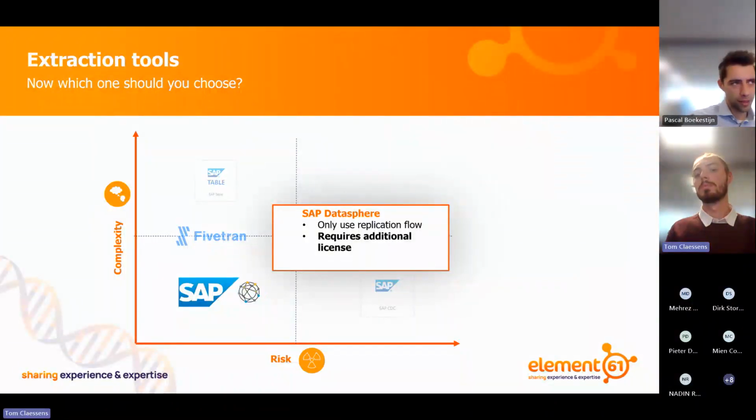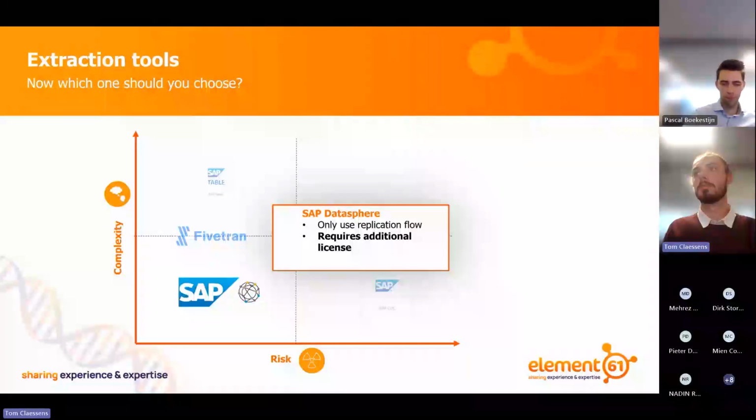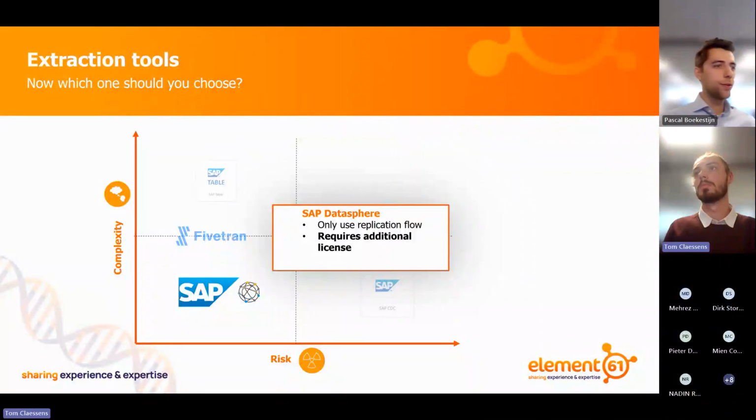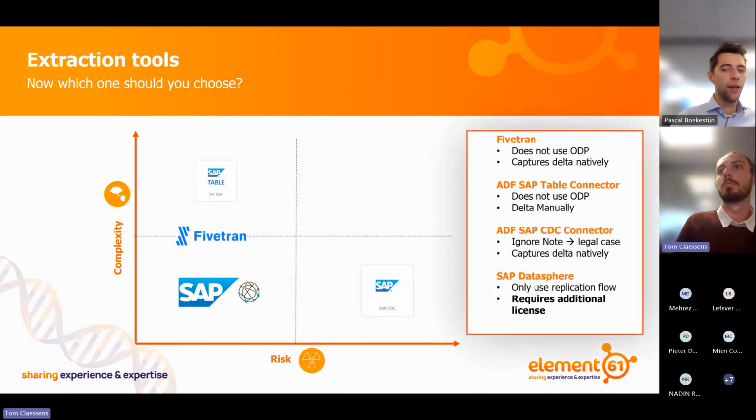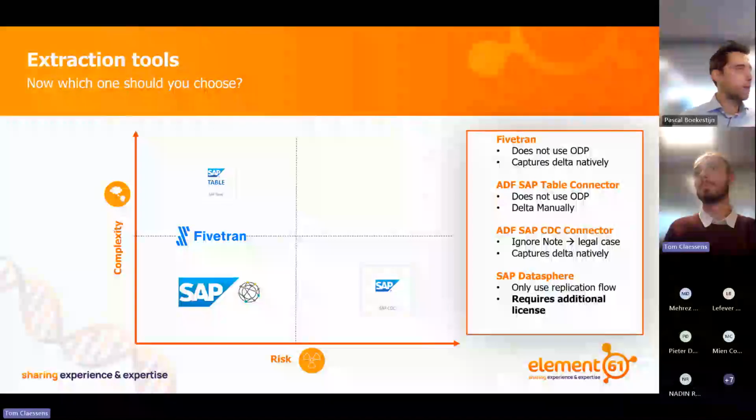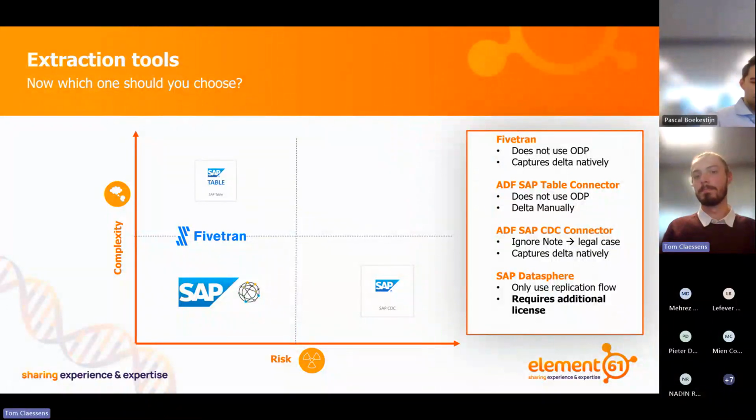You will also create a more scattered landscape, of course, of tools to see how you can extract the data. So think about it when you decide on adding an additional tool. And here we see them all at once with a little subtext.